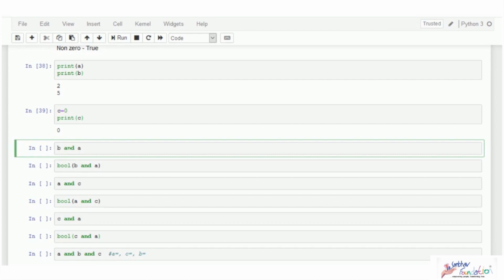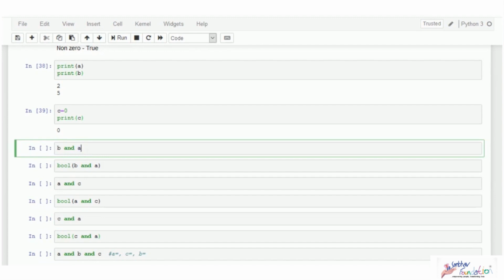So when the interpreter executes, I want you to listen carefully. When the interpreter executes, first it sees the value of B as true, then it sees the value of A as true, since both are non-zero. So it executes from left to right. So first is true and true. Now this is the most recent operand with true value that the interpreter encountered.